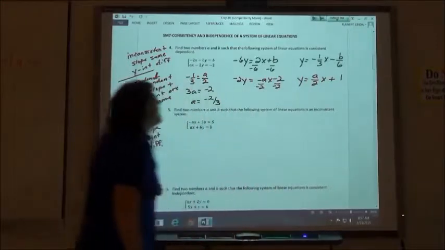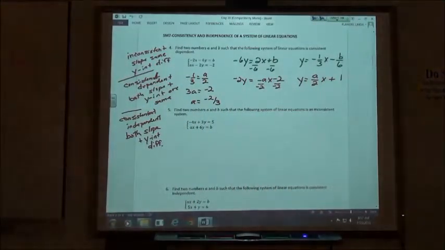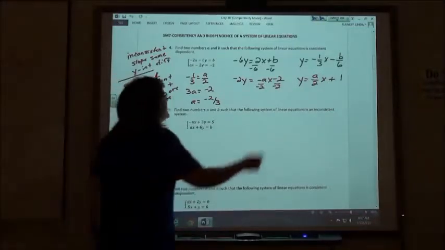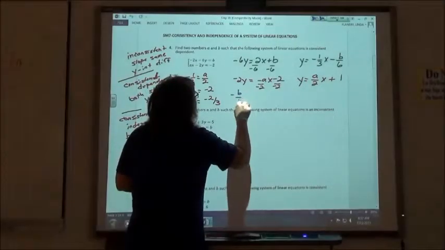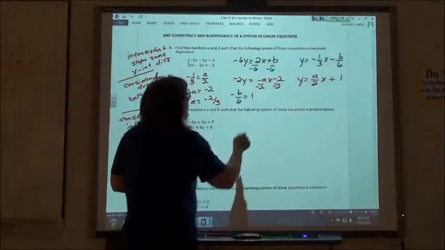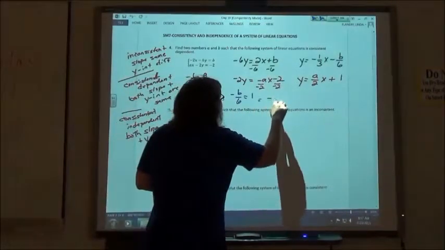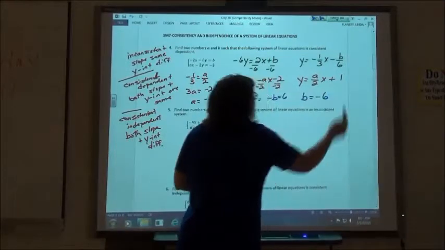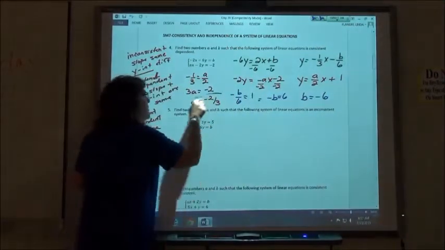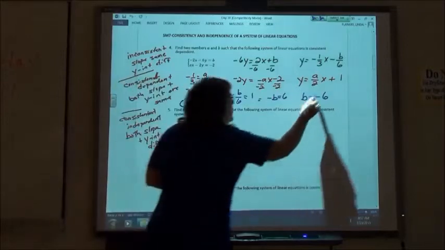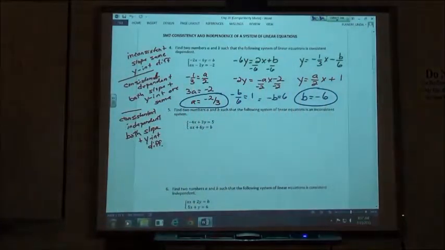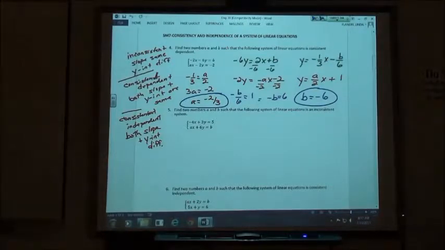And then for the second part, I'm going to solve for b, so I'm going to set my y-intercepts equal. So negative b over 6 has to equal 1. Cross multiplying there, negative b would equal 6, so b is going to equal negative 6. So a equals negative 2/3, b equals negative 6, if they're going to be consistent dependent.